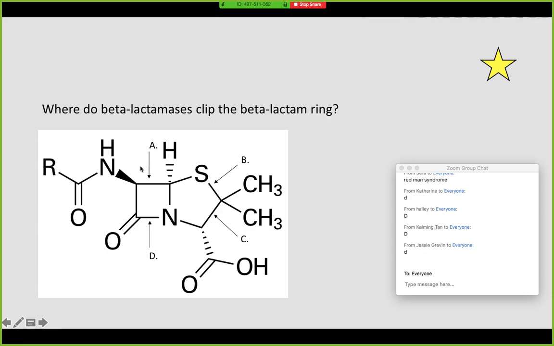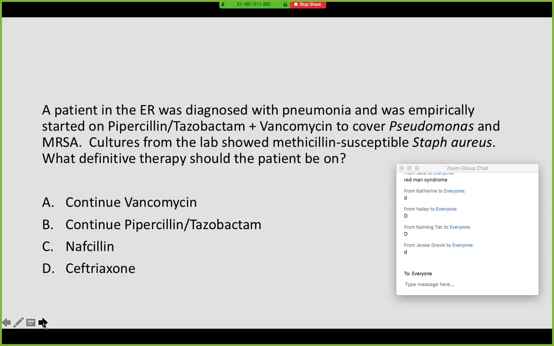It's just going to give you some arrows and ask where it's happening. That's why I put a star here. This should be a really easy question to get right on the exam. It's going to clip right here at D. Because of that, you add a beta lactamase inhibitor to make sure your beta lactam is still effective, because it's going to get rid of the beta lactamase.